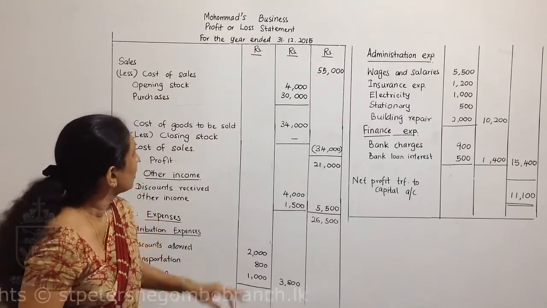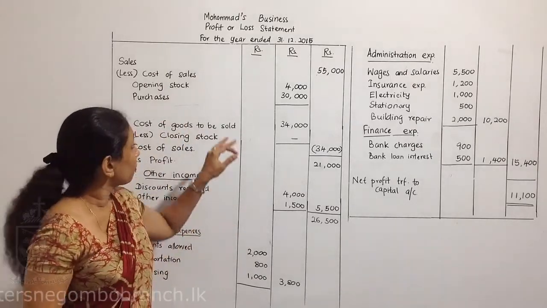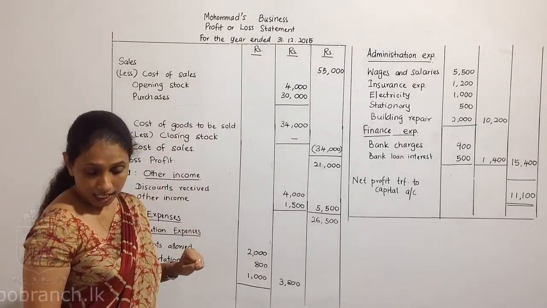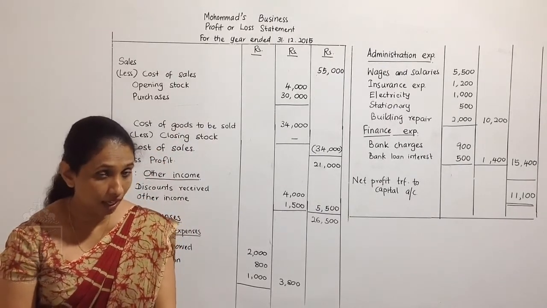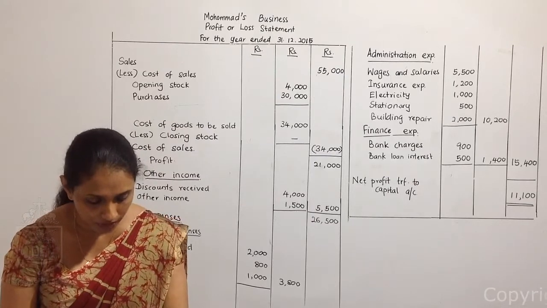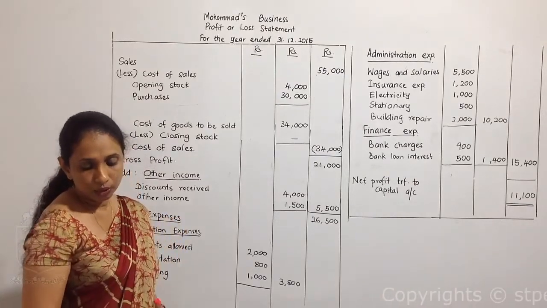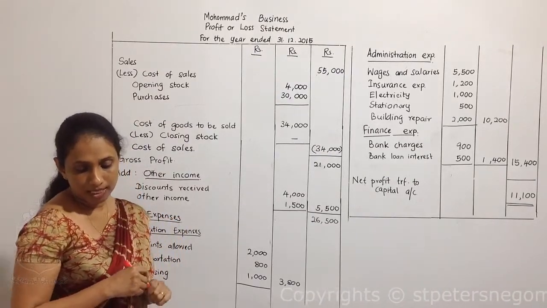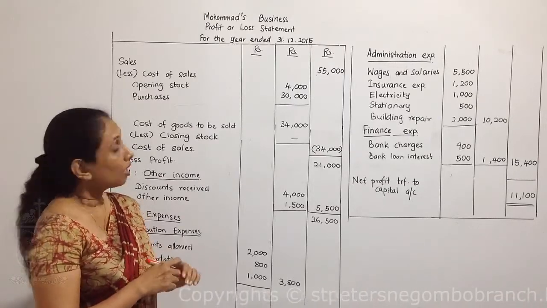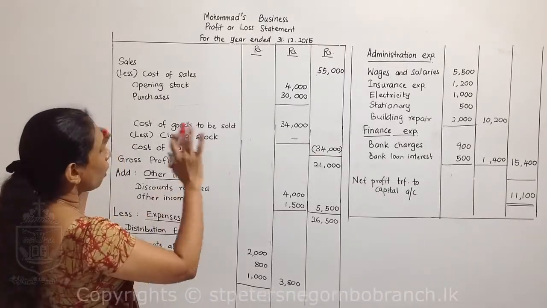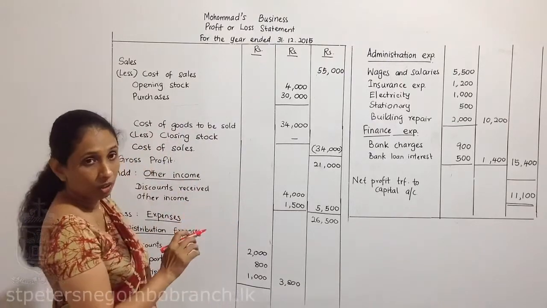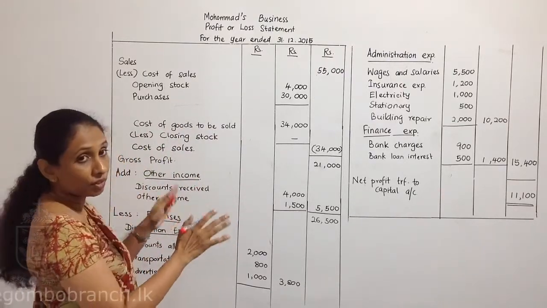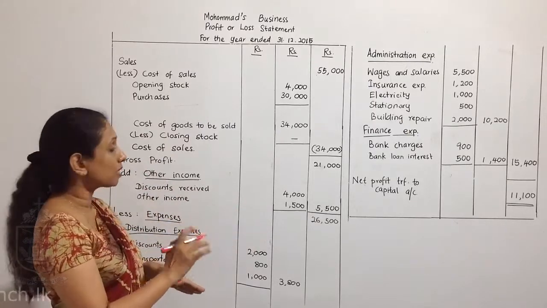So this is the profit or loss statement for Mohammed's business, and in the question, which we have not done separately, the first few sections ask you to list down the income and expenses separately. So all the income and expenses figures are there in the profit or loss statement. So you have to segregate income and expenses separately.